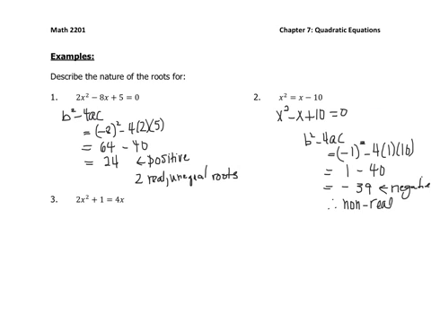And the last one, if you bring it all to one side, bring that 4x over, becomes minus 4x plus 1 equals 0. And we work out the b squared minus 4ac value.